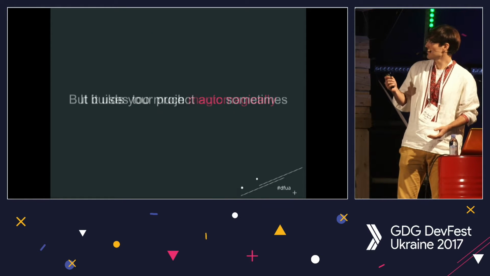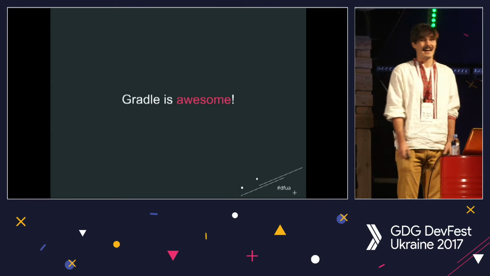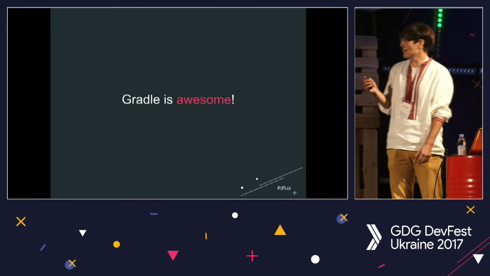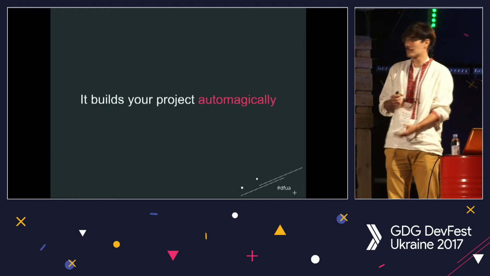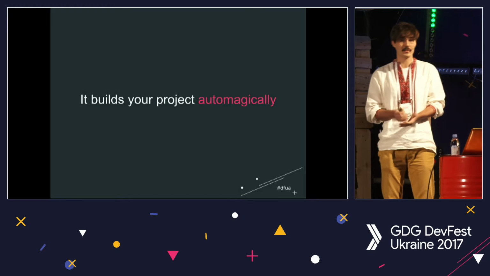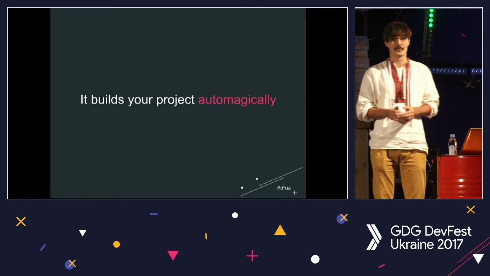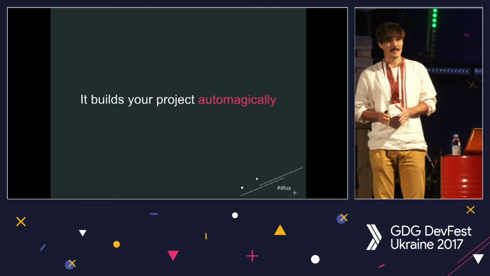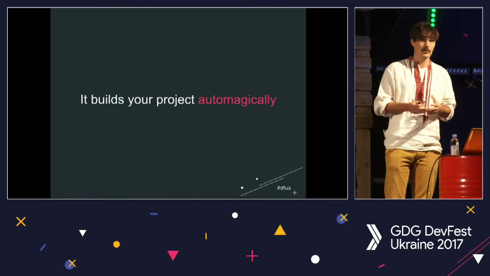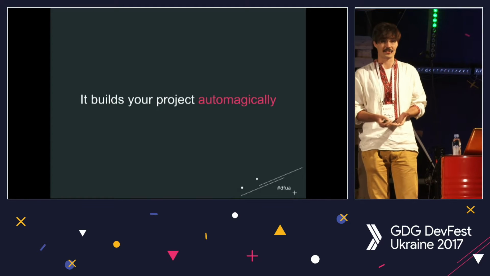Maybe you know that Gradle is awesome, because if you have to build an Android project or Java project, you can write a build script file with a few lines and everything will work automatically. The only requirement for you is to use conventional directory structure.